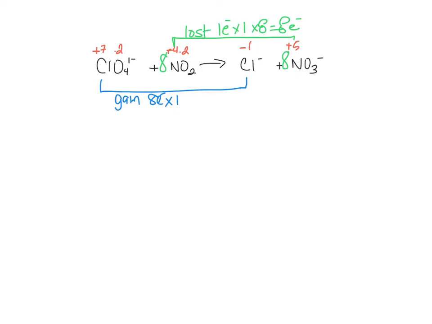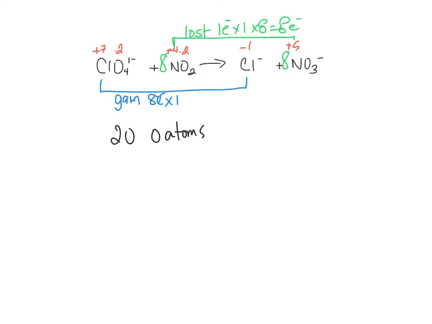Alright, so now we have to balance oxygen atoms and hydrogen atoms. So in order to balance the oxygen atoms, we're going to add water. And to balance the hydrogen atoms, we're going to add H+. So on the left-hand side, we've got 4 plus 16. So we've got 20 oxygen atoms.